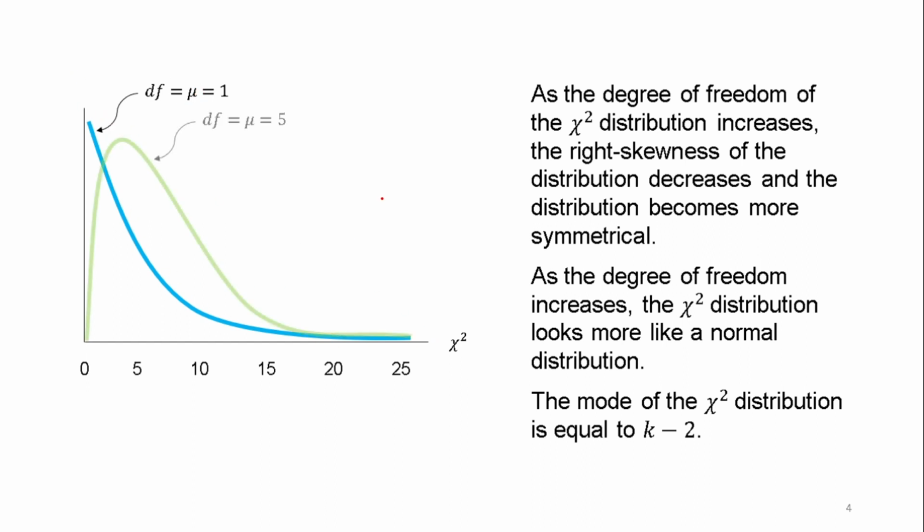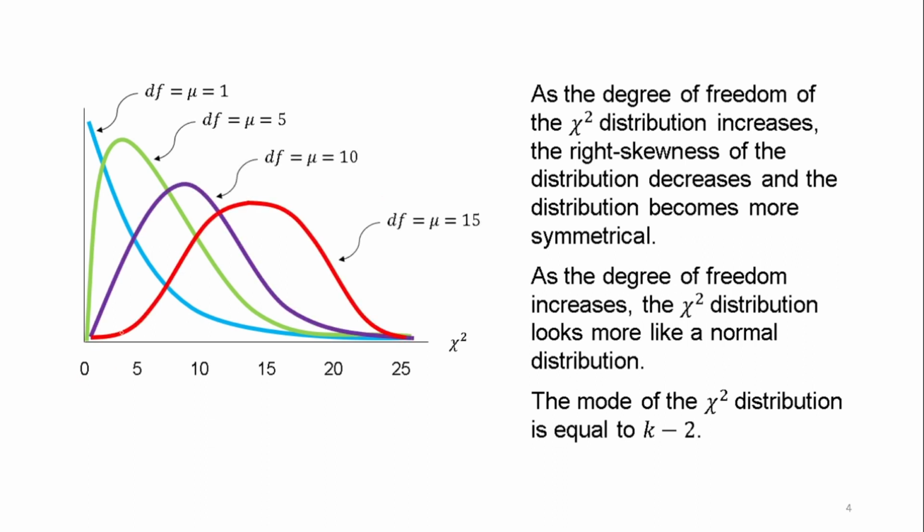But if the degrees of freedom increase, you can see that the distribution looks like a normal distribution. As the degrees of freedom increase, the right skewness of the distribution decreases and the distribution becomes more symmetrical.